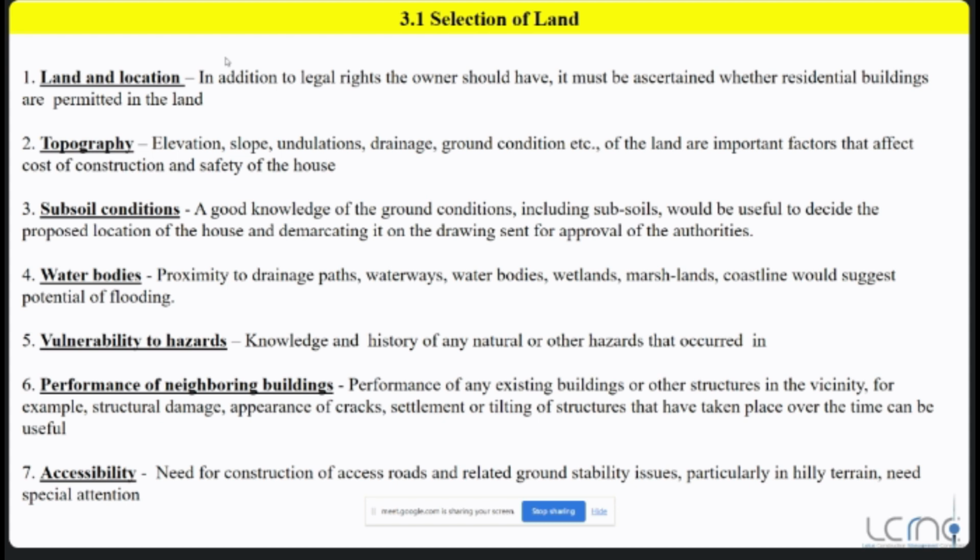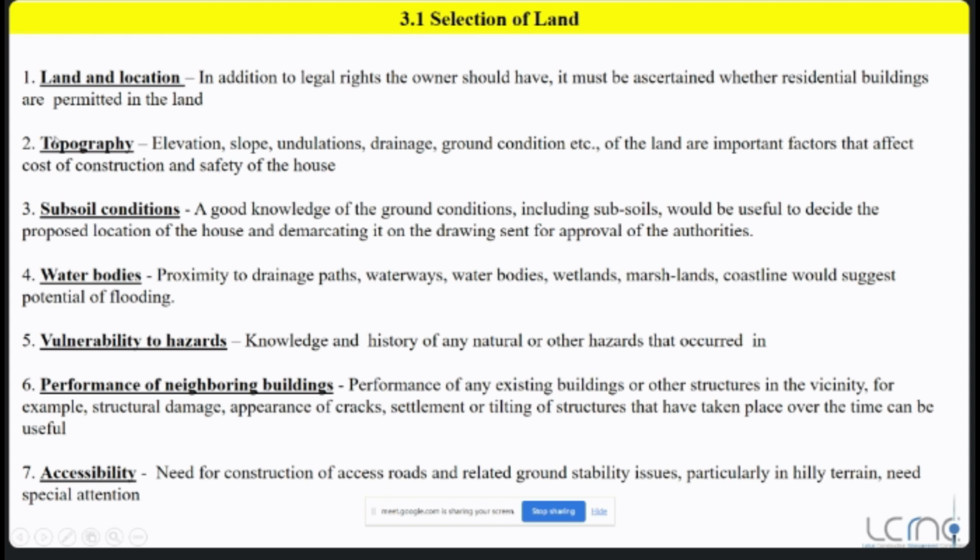There will be certain areas where the government will not give you permission to build your residential or commercial houses. There will be some issues with government regulations and all, so many other criteria. So that is why only some of the lands we can do construction activities on.